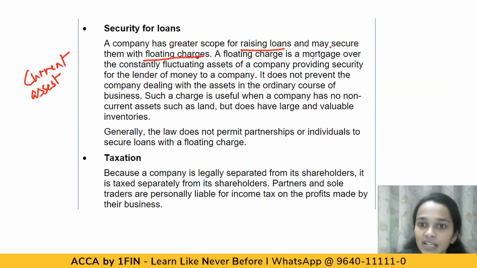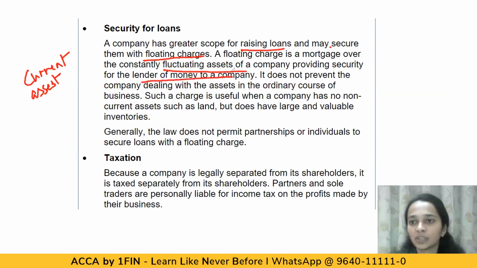So, a floating charge is basically a mortgage over constantly fluctuating assets of a company, providing security to the lender of money to the company. So, a charge is created, a security is created on the assets of the company, and it does not prevent the company from dealing with the assets in the ordinary course of business. Current assets may basically include inventories, stock which the company has.